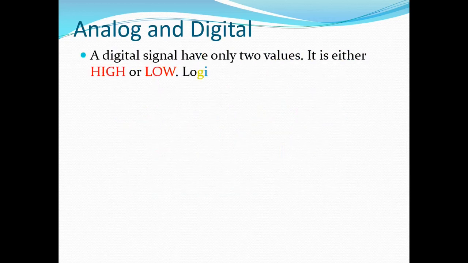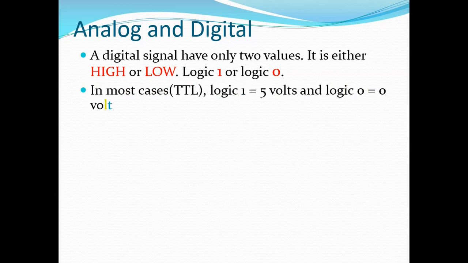How about in digital signals? In digital signals, there are only two values, either high or low, logic 1 or 0. If it is represented by a voltage, it could either be 5 volts or 0 volts, which means if 5 volts, that is logic high or logic 1, and if it is 0 volts, that is logic low or logic 0.